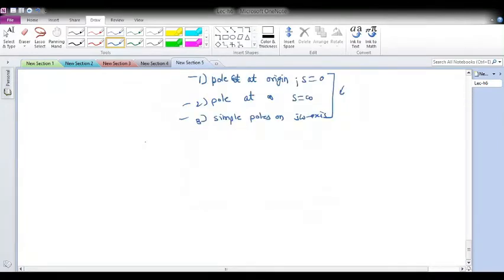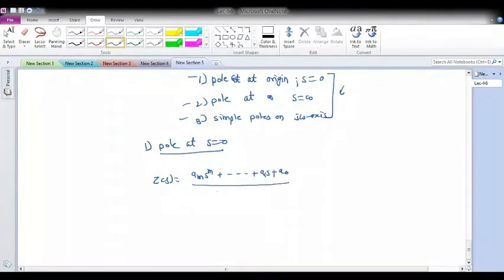Suppose I am removing the pole at origin, the pole at s is equal to 0. Then what will Z of S be? Z of S will be am s raised to m plus am minus 1 s raised to m minus 1, like this, plus a1 s plus a0, divided by bn s raised to n plus bn minus 1 s raised to n minus 1 till b1 s plus b0.